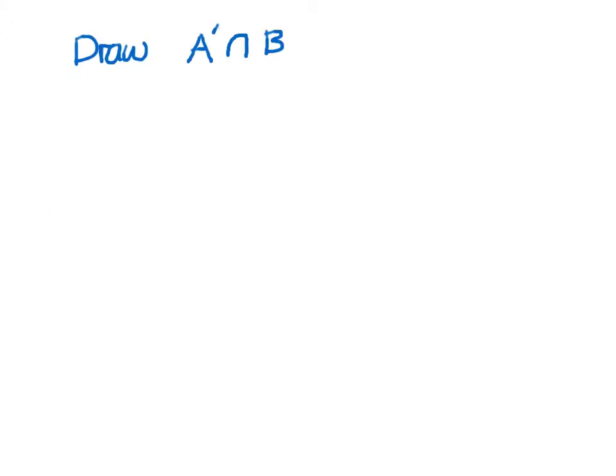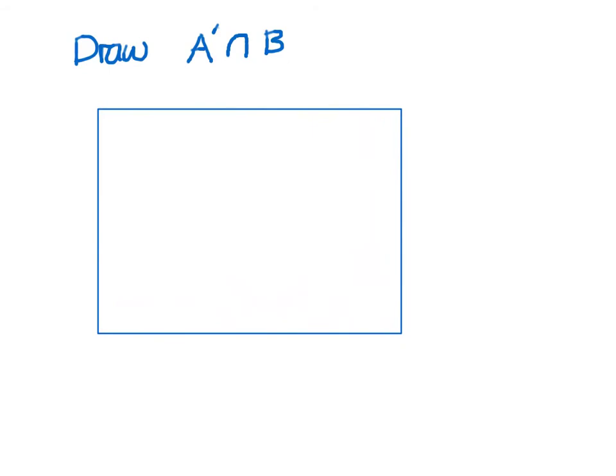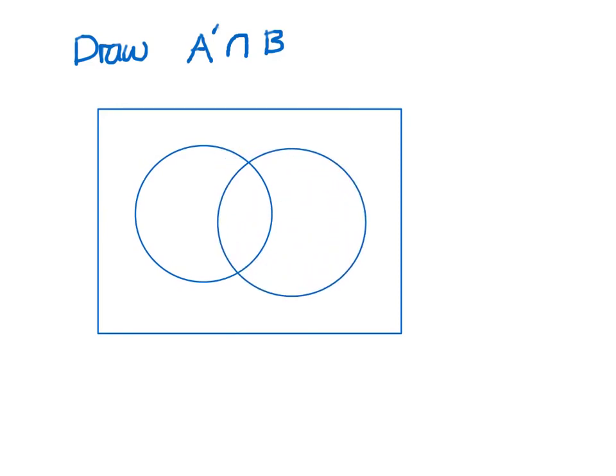Okay, let's look at an example problem. So here we want to draw the intersection of the complement of A with B. So we need a Venn diagram, and I need two circles representing set A and set B. And when I say draw, I mean really we want to shade.